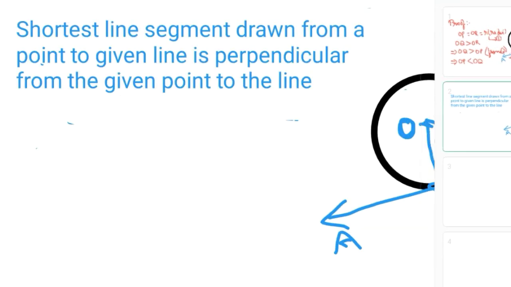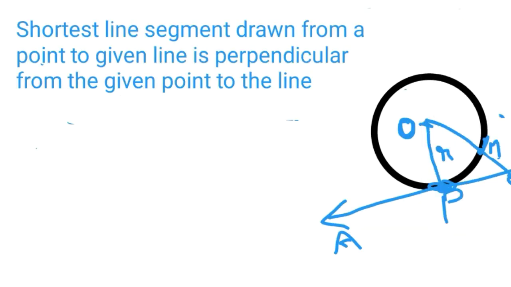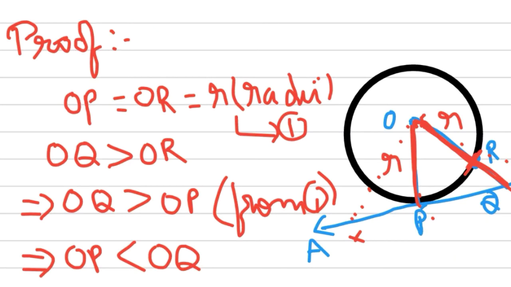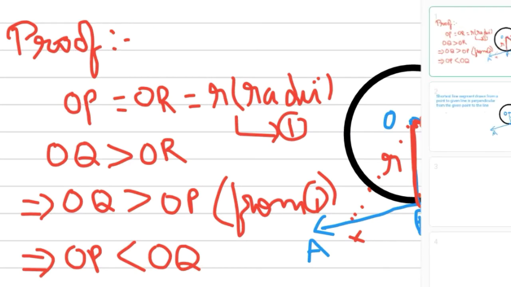We know that the shortest line segment, see the diagram, drawn from a point to the given line is termed as a perpendicular line. My dear children, it will be termed as a perpendicular line.